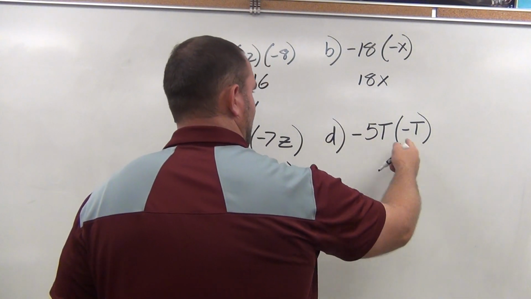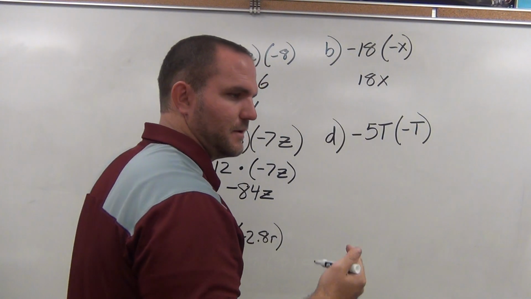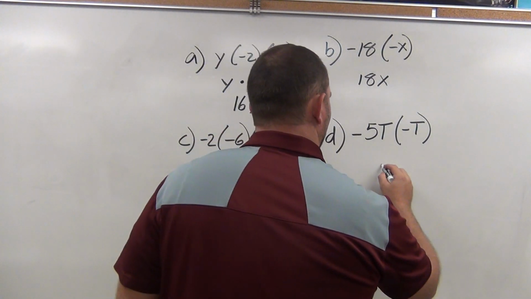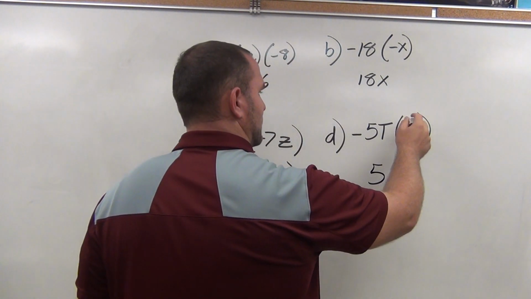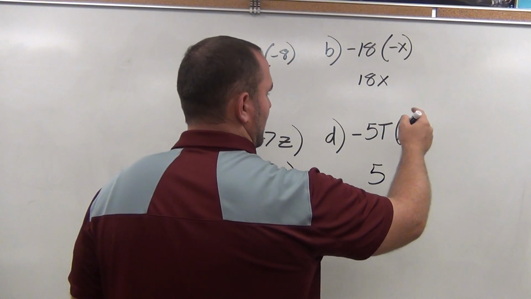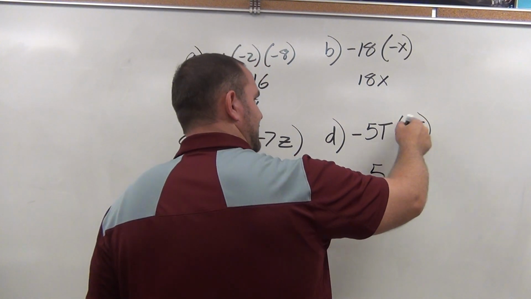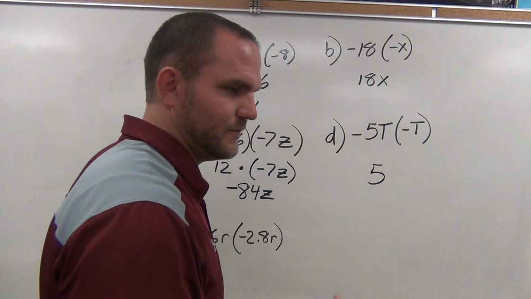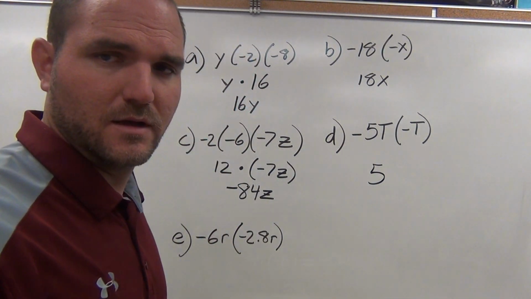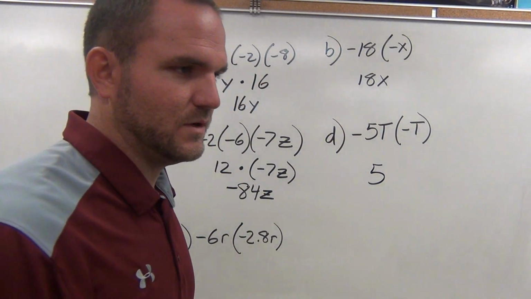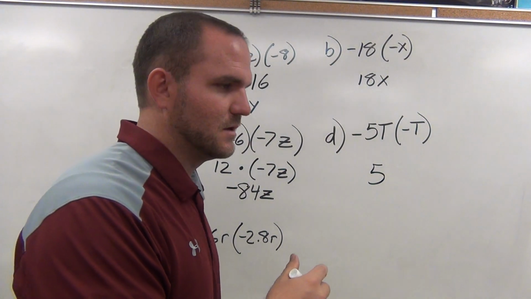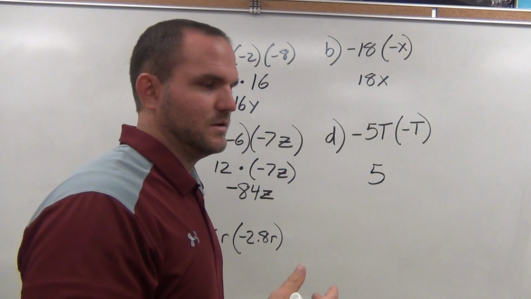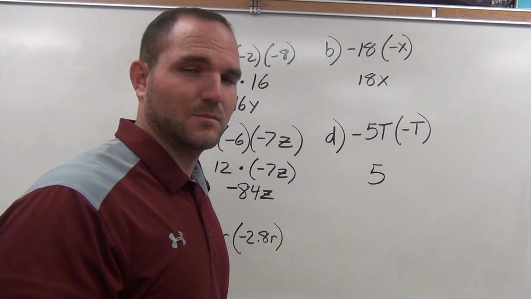All right, let's move over to here. So I have a negative and negative. Automatically, I should know that my answer is positive. Now, 5, okay, there's no number here. Now, you have a t and a t. When you have two t's, we actually talked about it in one of my other videos with square roots and squared numbers.